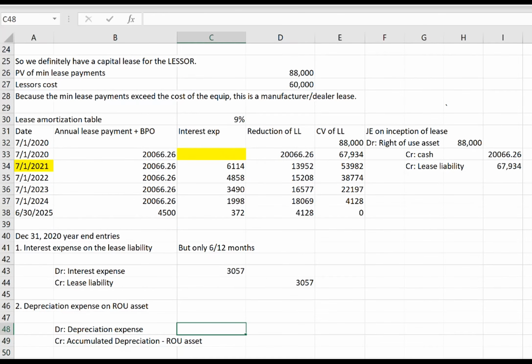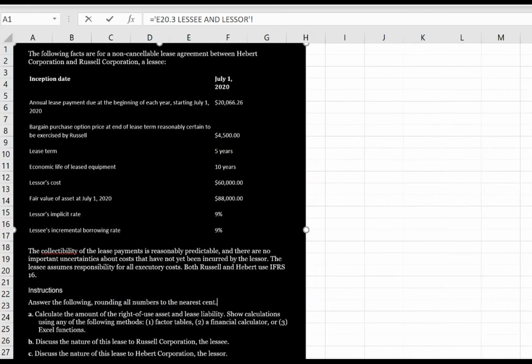And I would say, okay, so my right of use asset is 88,000 from right here. And this is a 5-year lease. So actually, I think it's a 10-year lease. Let's just double check. What's the term? Lease term 5 years. Okay.